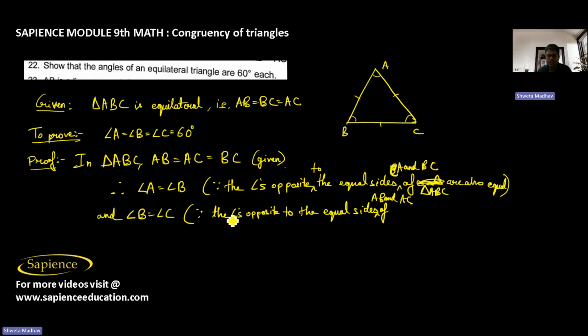So here also I will tell the angles opposite to the equal sides AB and AC of triangle ABC are also equal. So therefore I can say angle A is equal to angle B equal to angle C.